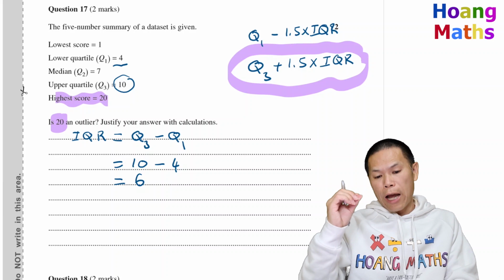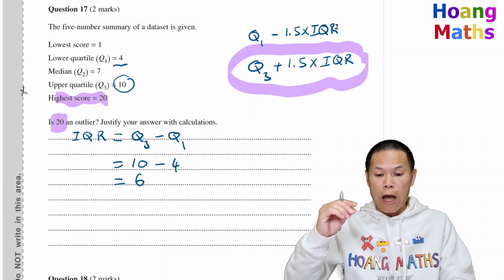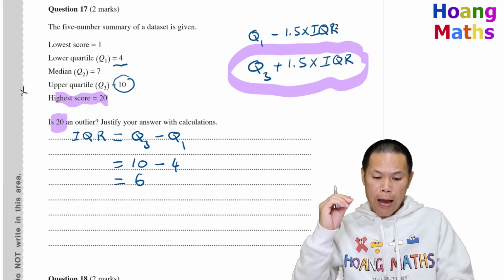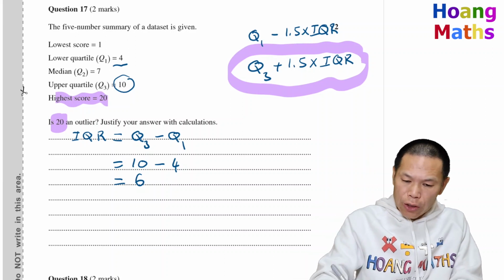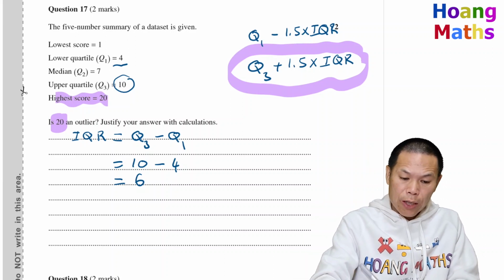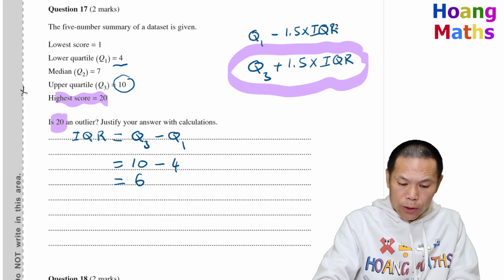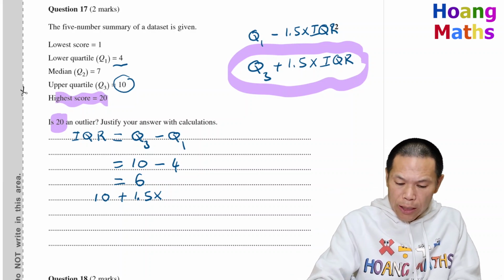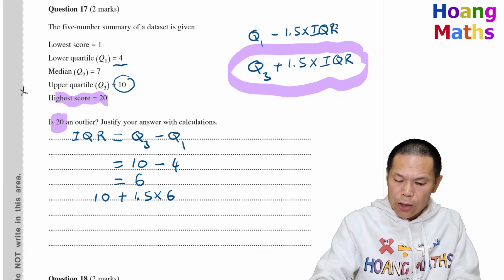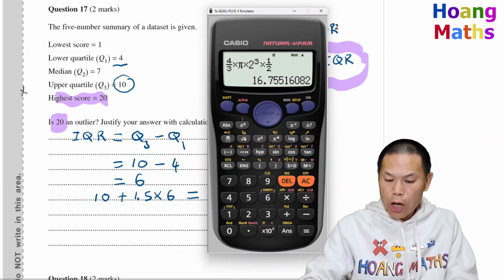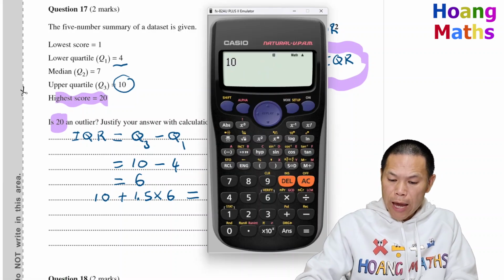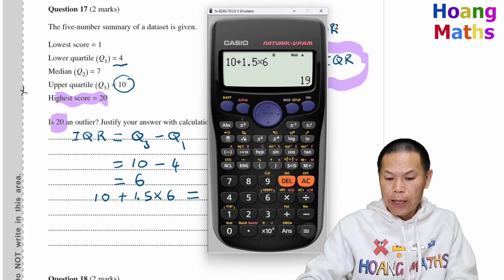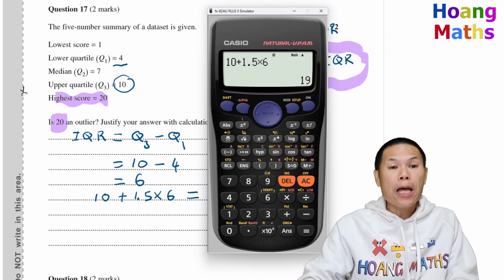Now we work out Q3 plus 1.5 times the interquartile range: 10 plus 1.5 times 6. There you go, it is 19.